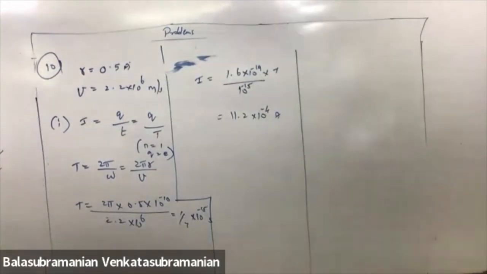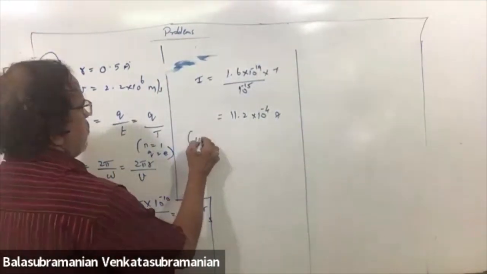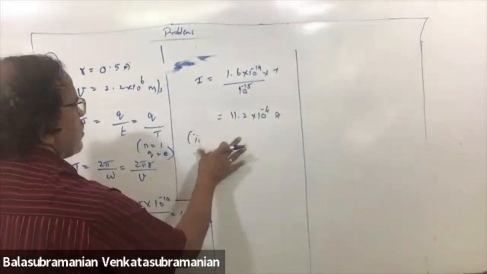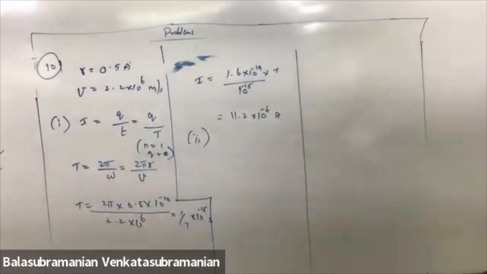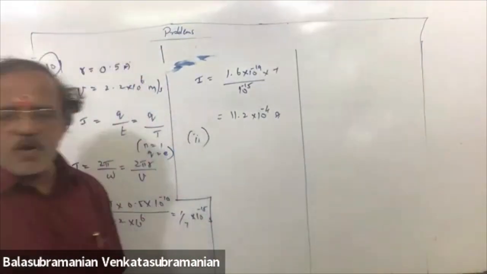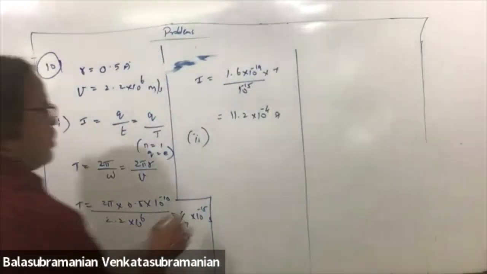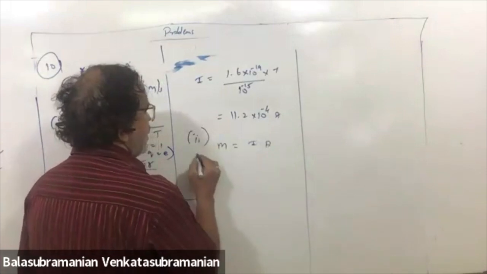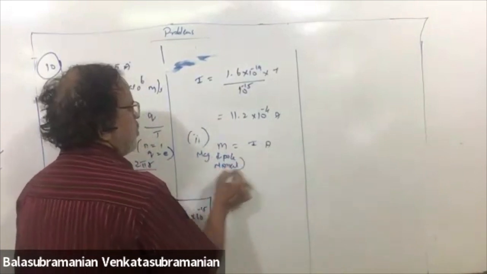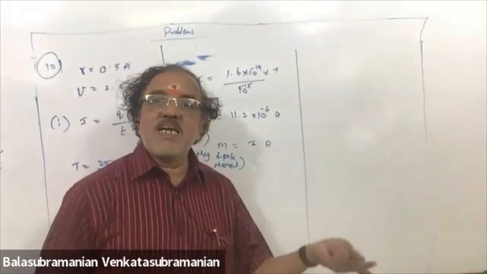Next, the equivalent dipole moment. The basic formula for magnetic dipole moment is current into area. Small m is current into area.